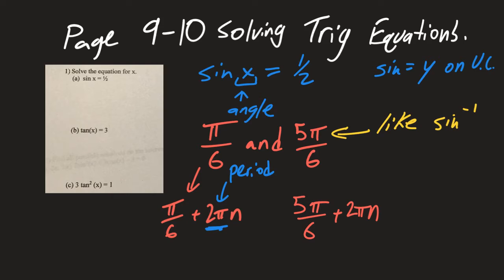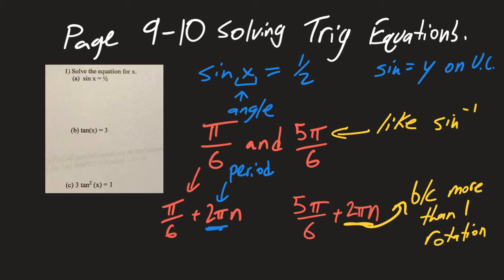The one extra thing that we've added is this section about the period n, and the reason we add that is because we might have more than one rotation. So we always account for going around the circle more times. I could have pi over 6 and go around the circle any number of times, or 5 pi over 6 and go around the circle any number of times.